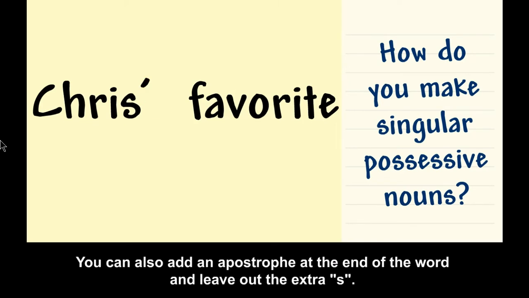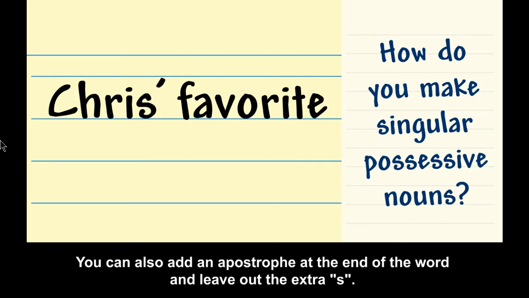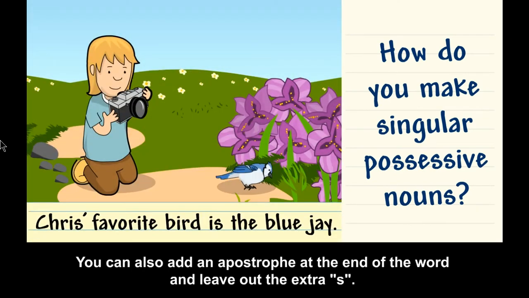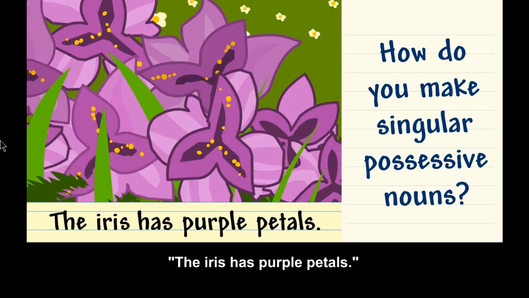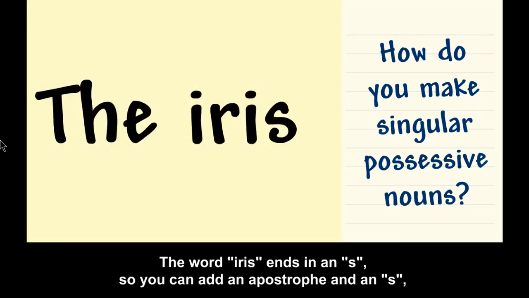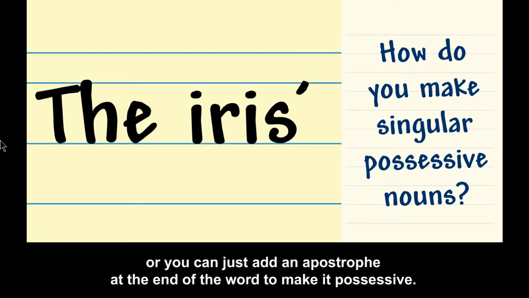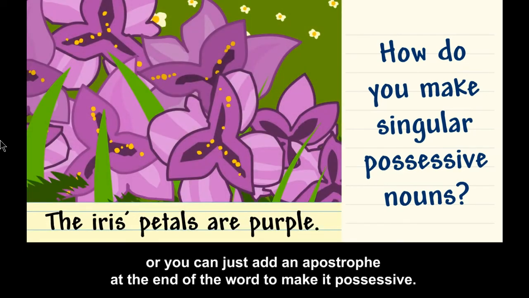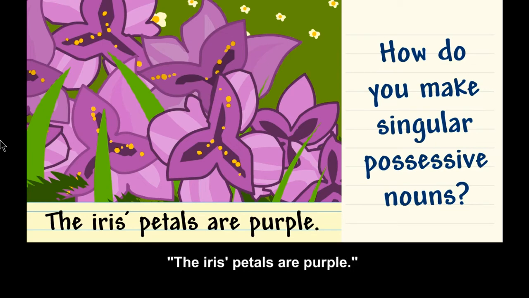You can also add an apostrophe at the end of the word and leave out the extra S. The iris has purple petals. The word iris ends in an S, so you can add an apostrophe and an S. Or you can just add an apostrophe at the end of the word to make it possessive. The iris's petals are purple.